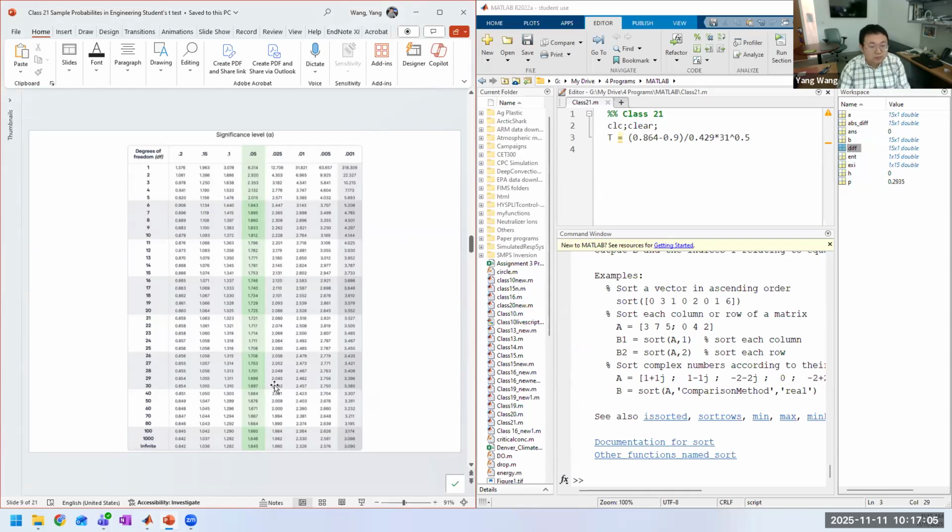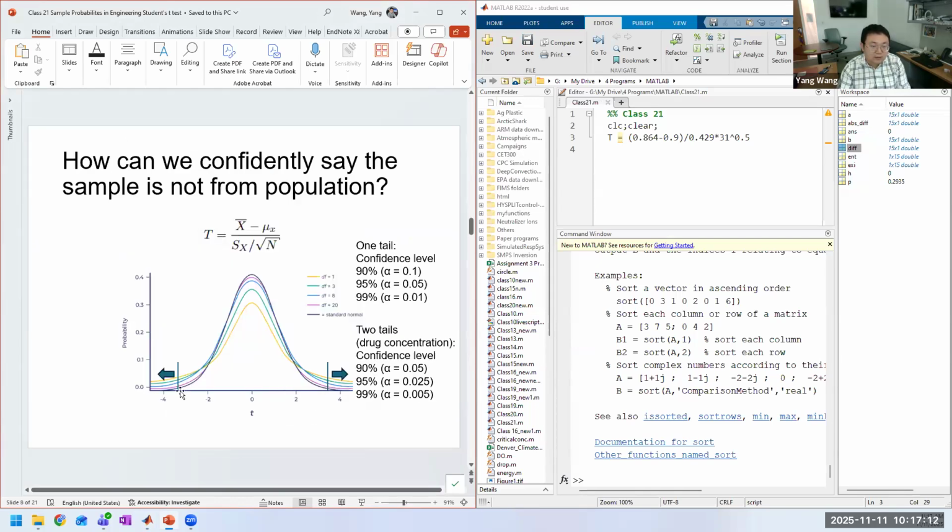And one thing I need to point out is that this t-value that's shown here has a positive value, but basically it's also applied at the negative side. So for the two-tailed test, the t-value range that we should be looking at is negative 2.042 to positive 2.042.